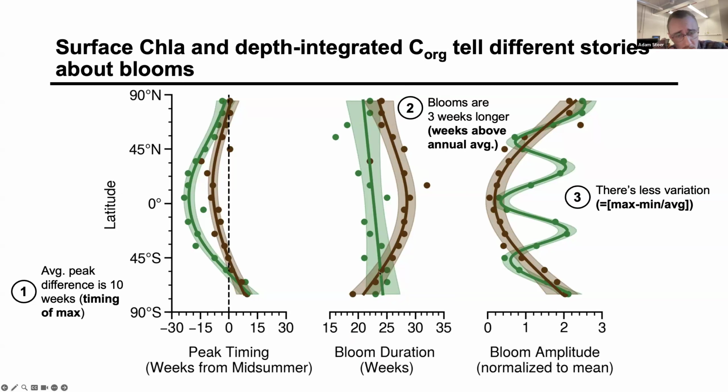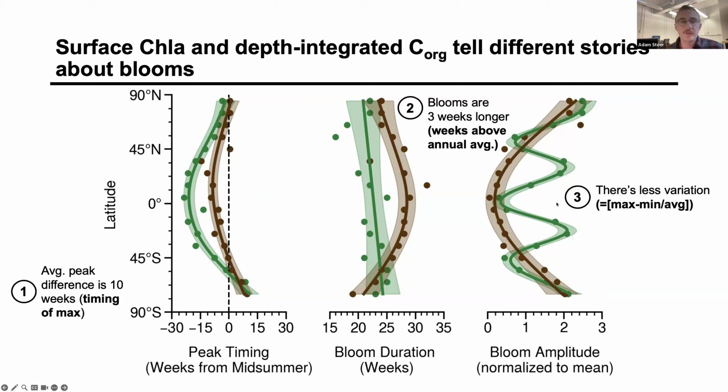And then in this final figure here, we have bloom amplitude, which is that range divided by the average, effectively a coefficient of variation. And you can see here that in the oligotrophic gyres, you get far more variation relative to their annual mean in surface chlorophyll than what you get with depth integrated carbon. So there's less variation with these blooms.